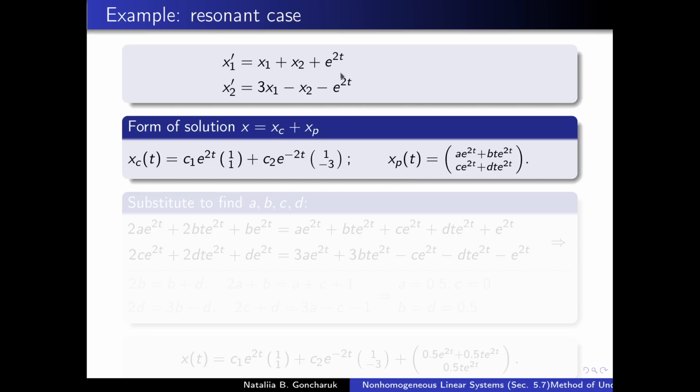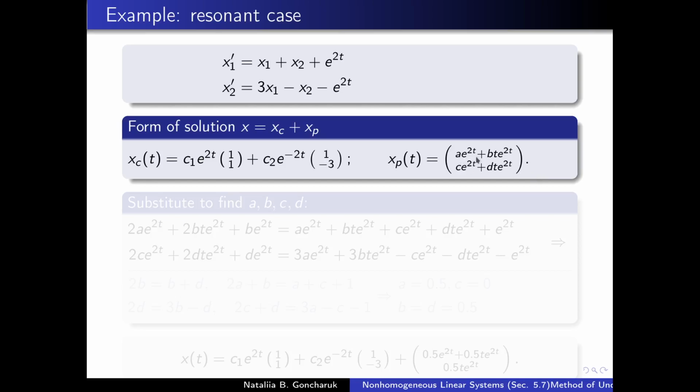And now I notice that this 2 also appears here in the complementary function, which means that I have resonance. This 2 coincides with this 2. So xp will not just involve e to the power 2t, it will also involve t e to the power 2t. This is the form in which I should find xp.